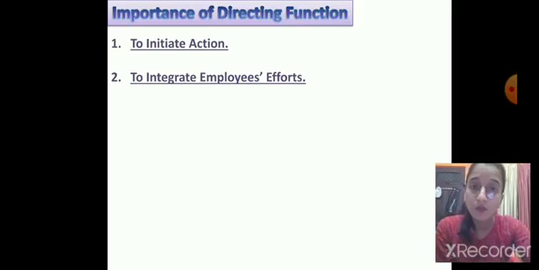So when the individuals are working at different levels, their efforts are integrated and they coordinate with the help of directing function. Third is means of motivation. So as we know, directing function not only includes giving instruction to the employees, but through giving instruction and direction to the employees, they also motivate their subordinates to get the work done with their best ability.